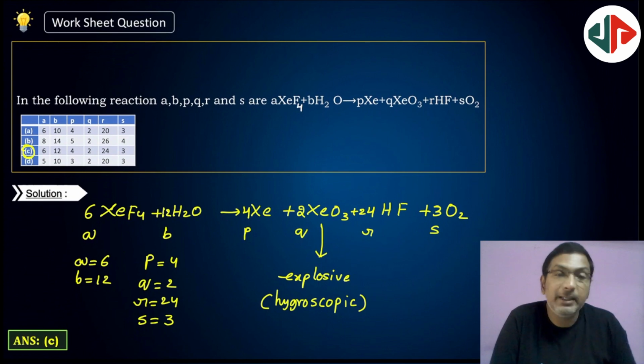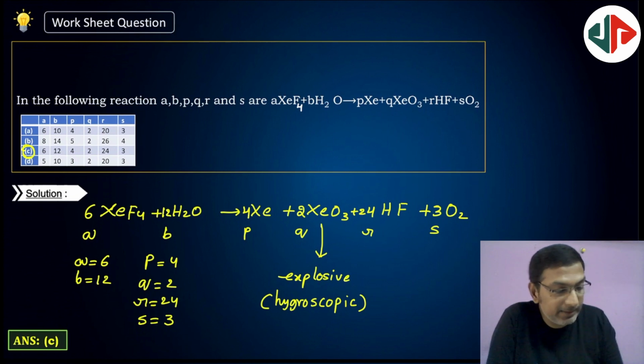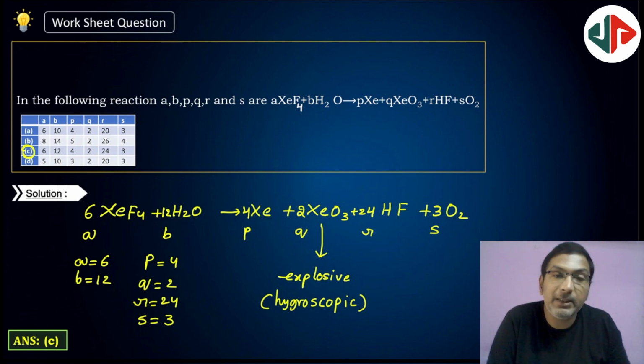Next. Here in the following reaction, A, B, P, Q, R, S respectively are. So this is a balanced equation between XeF4 and H2O. It will form Xe, XeO3, HF and O2. So after balancing, we will get A6, B12, P4, Q2, R24, S3.